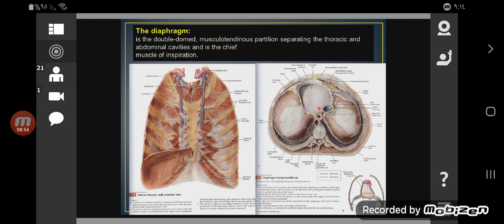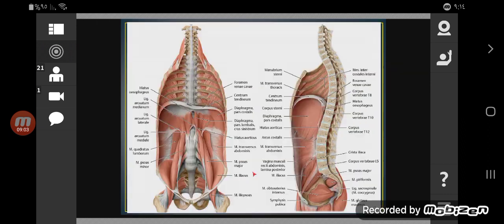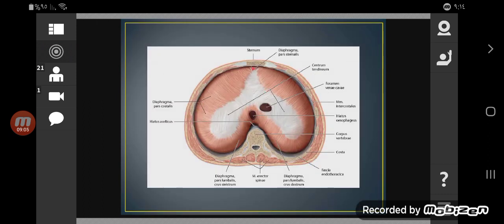Now you see the pericardial sac, the fibrous pericardium, directly on the anterior leaflet of the central tendon.